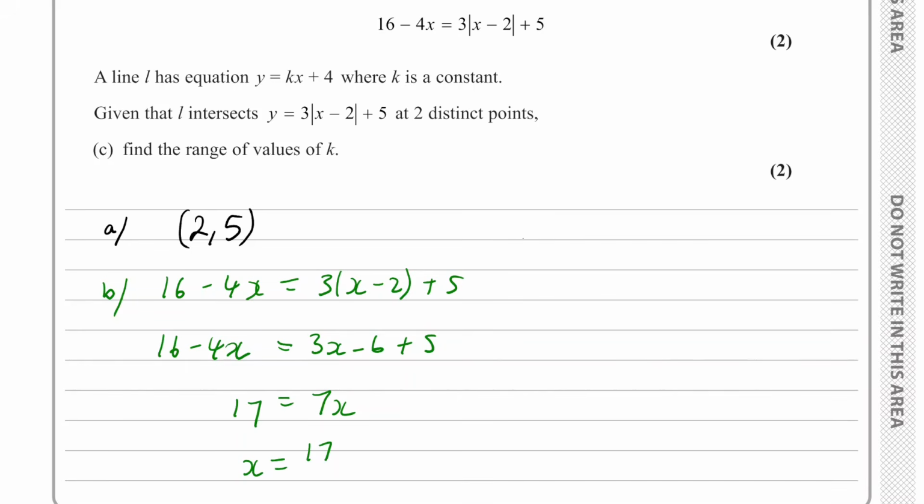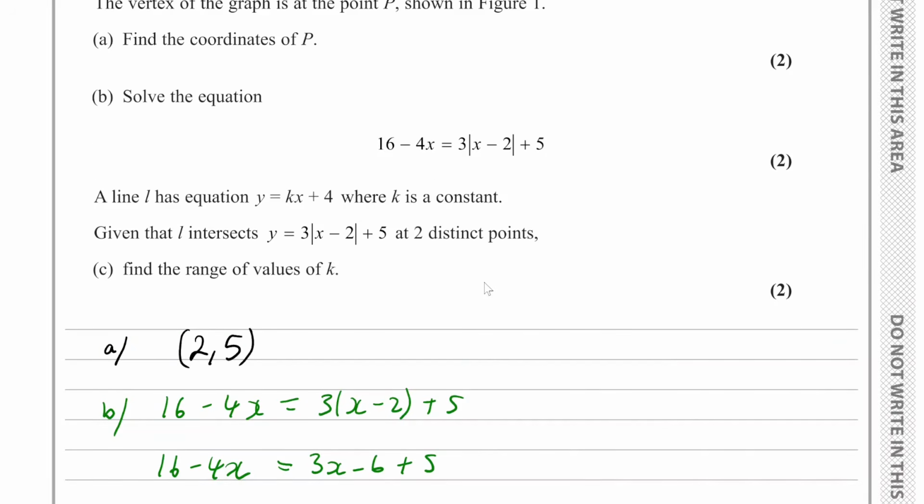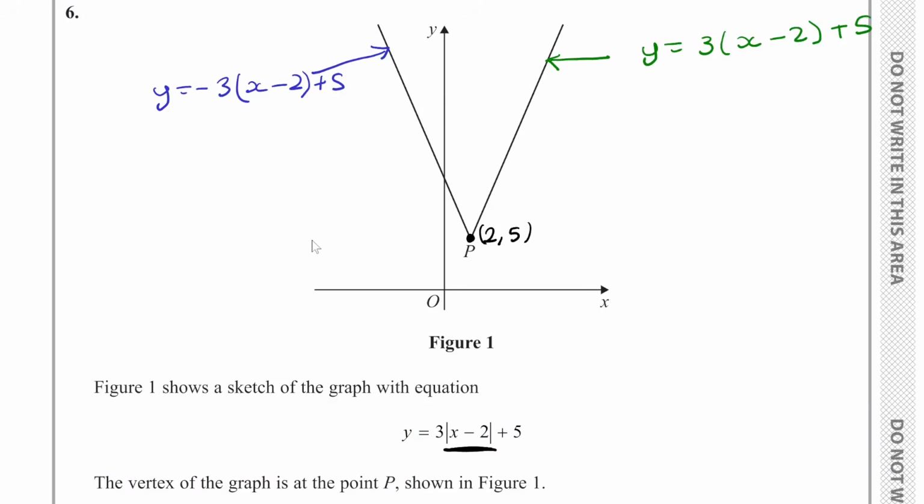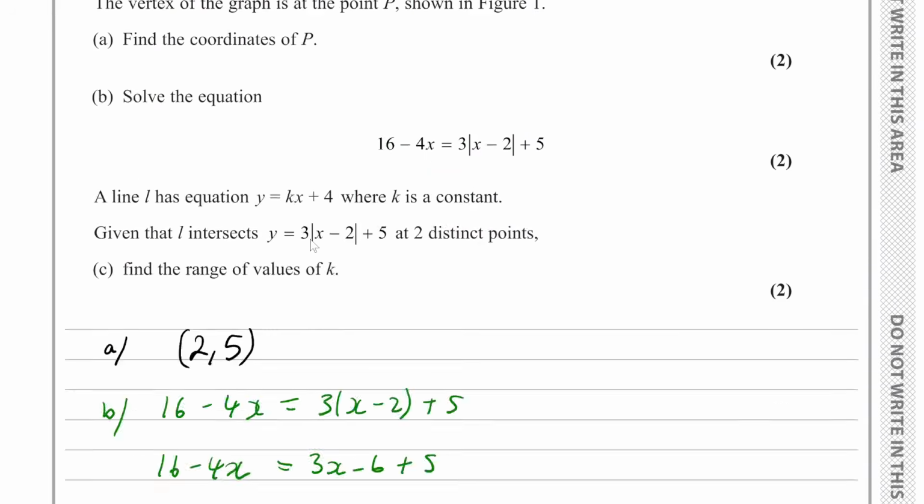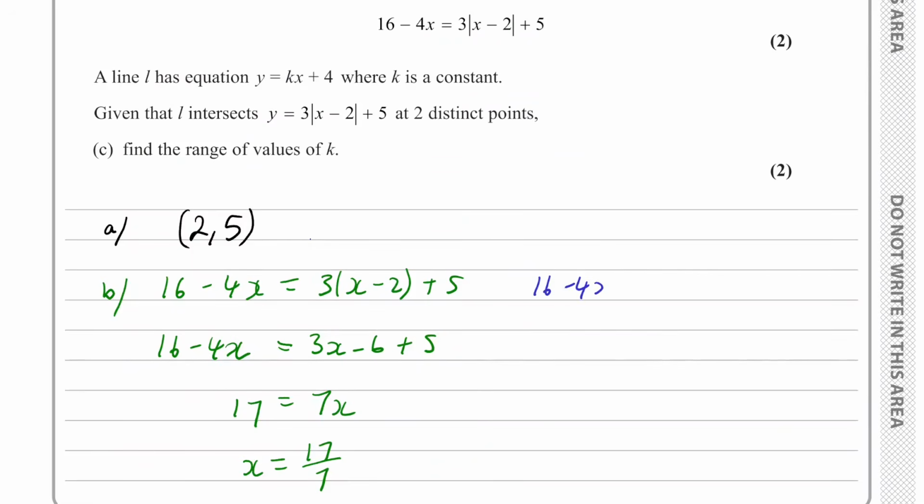X is 17 over 7. And for the blue line, 16 minus 4x equals negative 3 times (x minus 2) plus 5. So 16 minus 4x is minus 3x plus 6 plus 5. Plus 4x to both sides. Take 11 from both sides. X is 5.